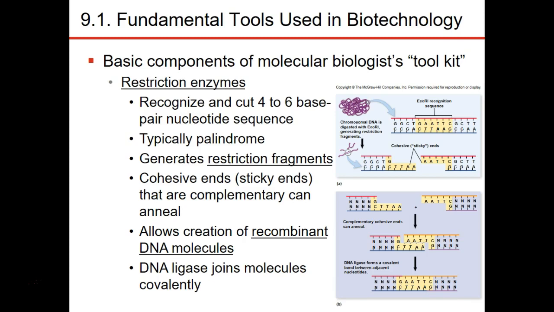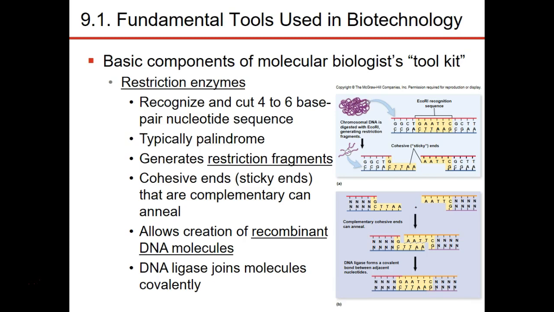The first thing we have to do is we have to be able to mess with or get the information from our DNA that we care about. And to do that, we have to use DNA scissors or restriction enzymes.